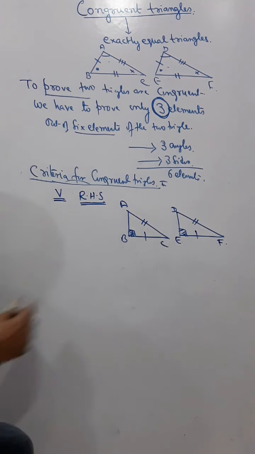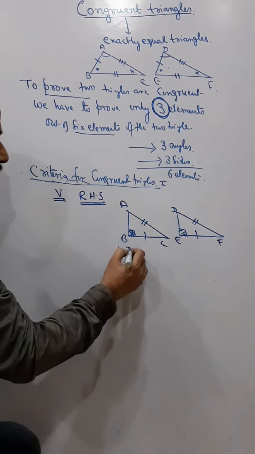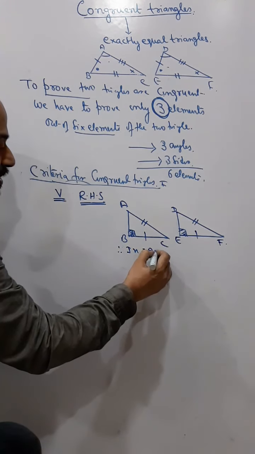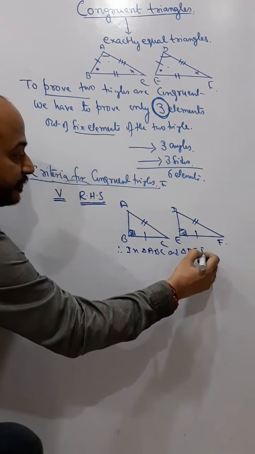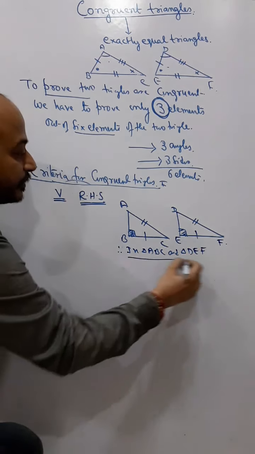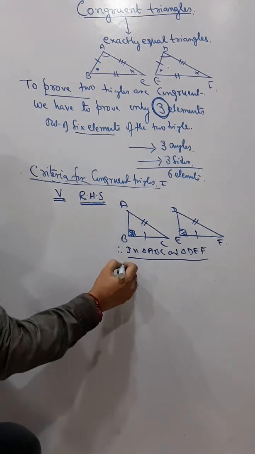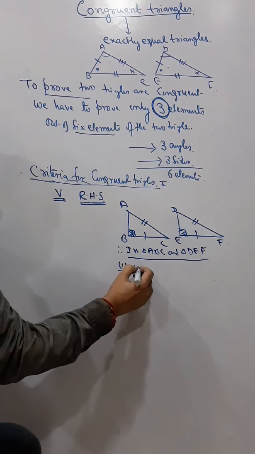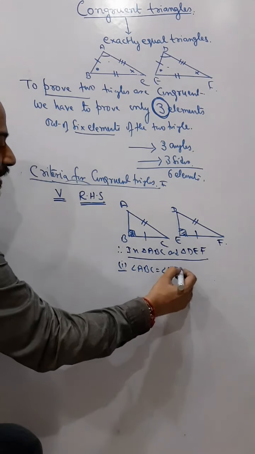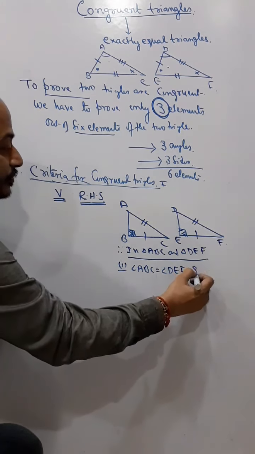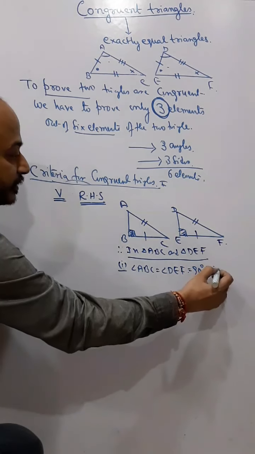And the criteria is RHS. So just see, in triangle ABC and triangle DEF, number 1, I can say angle ABC is equal to angle DEF is equal to 90 degrees. That is given.